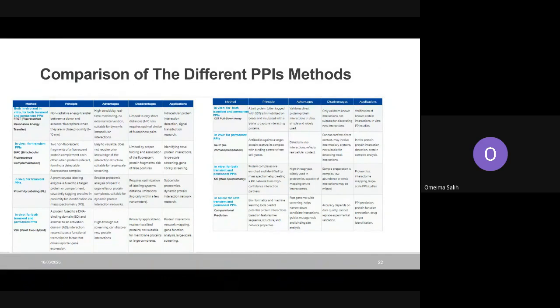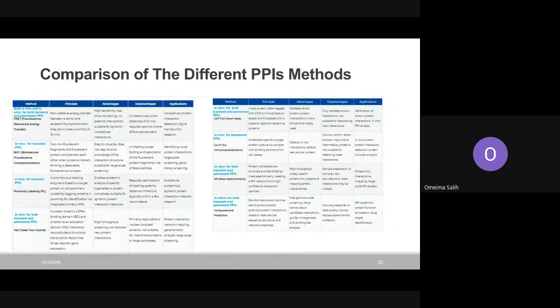As if you are attaching the extracted protein to a stationary surface, just like chromatography, and letting the other proteins interact with this protein and testing the type of interaction.